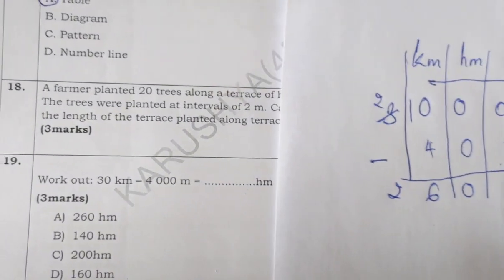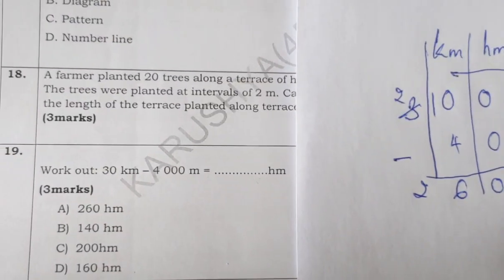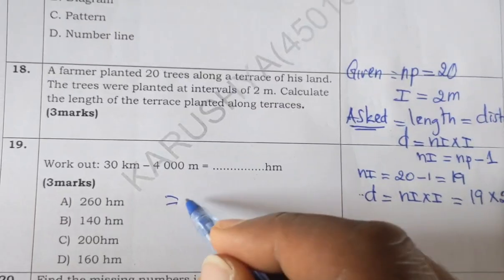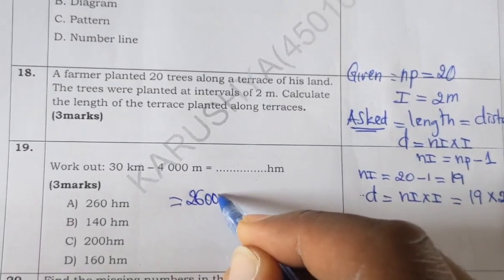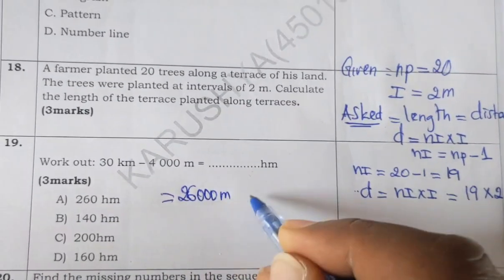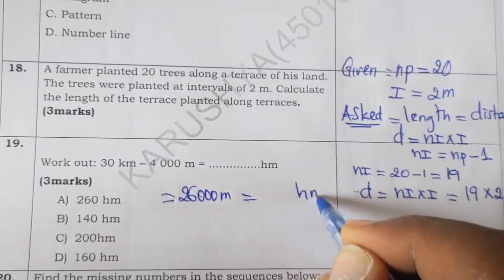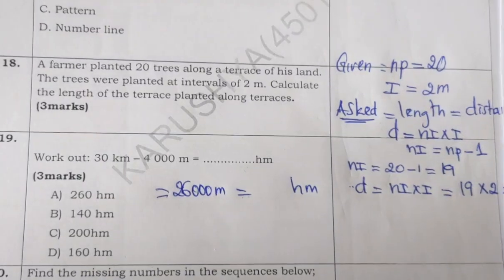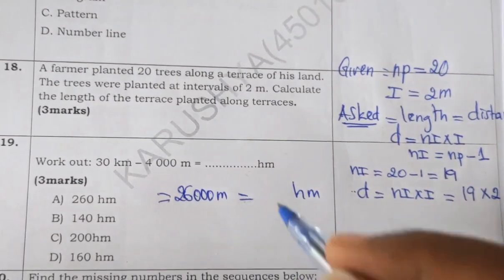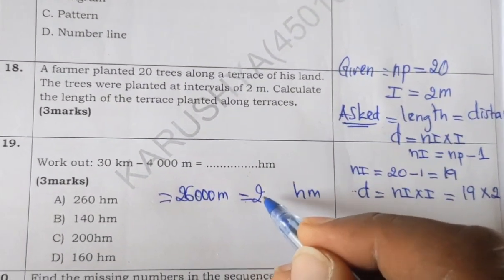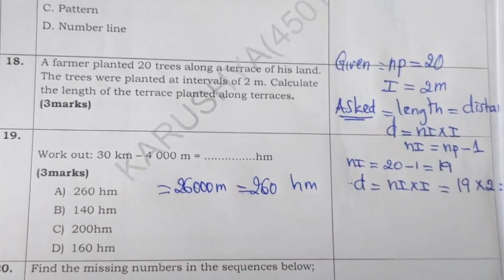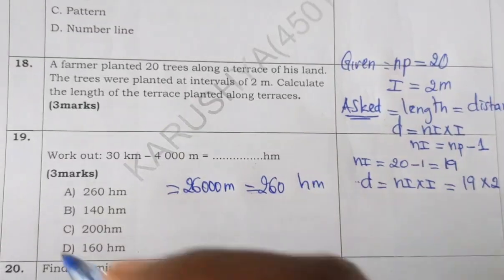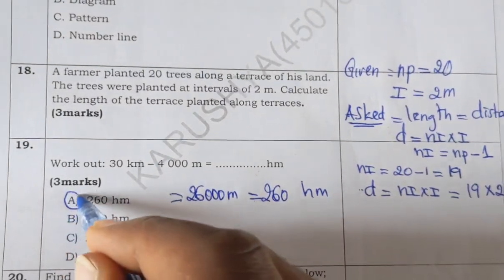To mean that it is equal to 26,000 meters, and then how many hectometers are there? Once I convert those to hectometers, I find that it is equal to 260 hectometers. To mean the correct answer for this question 19 is A.